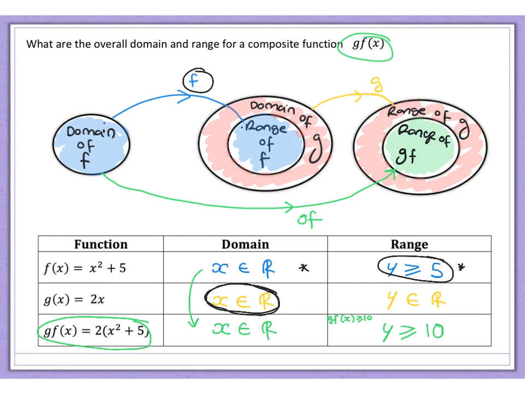We then apply the function g to create the composite, and we end up with y values which are greater than or equal to 10, and you can see that this falls inside the range for g on its own independently. So this does match the diagram that we've drawn above.